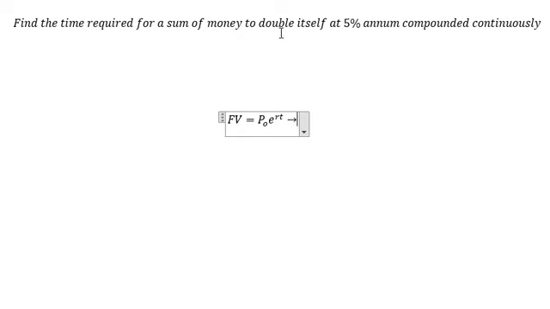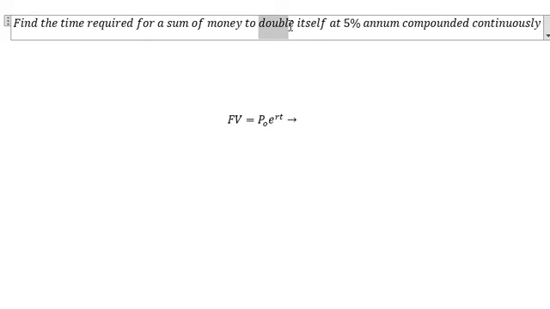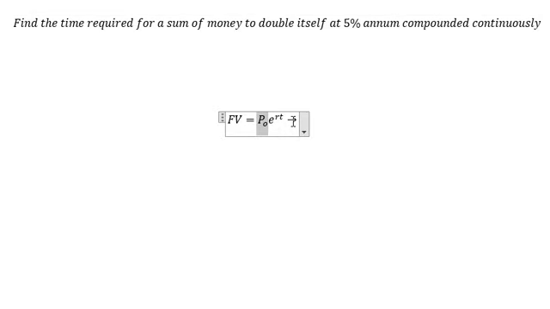So the question they said double, that means future value equals to 2B0, that's about original amount of the money in here.